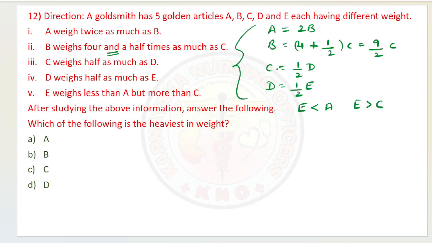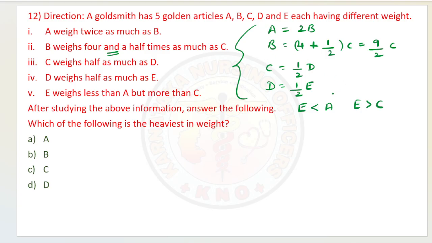All the articles A, B, C, D and E have values in terms of some unknown variable. To calculate definite values, we can take a reference value. By giving some value for E, we can calculate the other articles D, C, B, A.